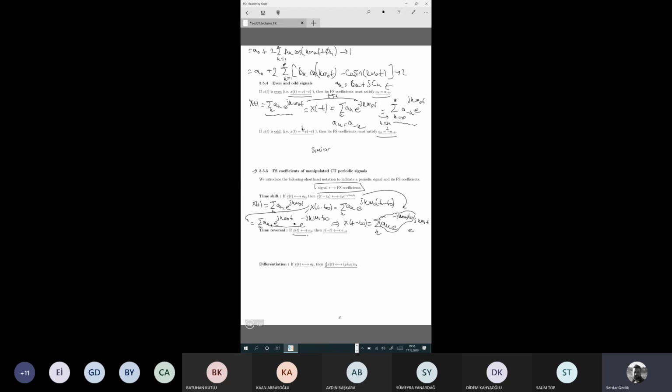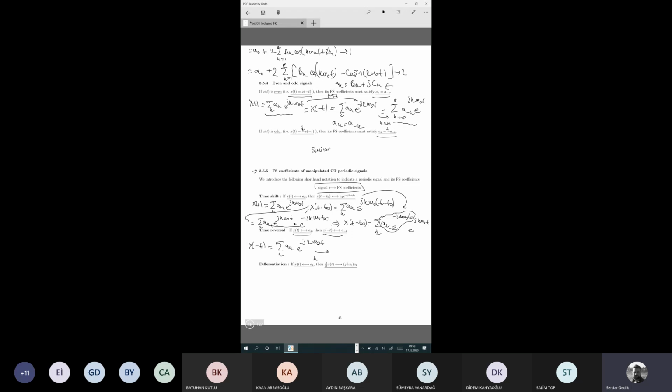If you have x of t with Fourier series coefficients ak, x of minus t has Fourier series coefficients a minus k. So how can I prove this? Now I will directly write x of t. It's equal to the summation over k of ak e to power minus j k omega 0 t.